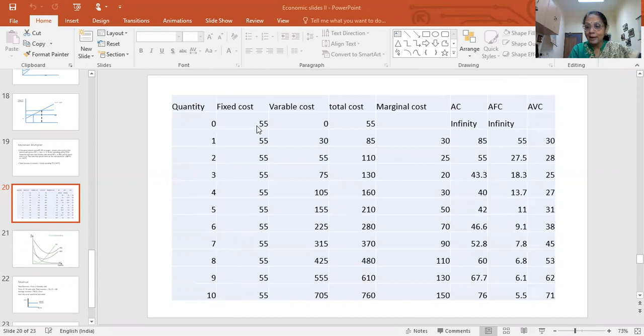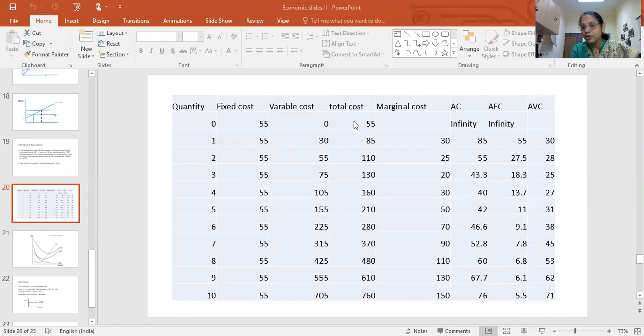Okay, so the rent for the electricity machine, whatever that little amount, you have to keep spending every month. So that is all fixed cost. Variable cost is zero if I'm not producing anything. Because I'm not producing anything, I'm not buying any raw material, I'm not employing any laborers, my variable cost will be zero.